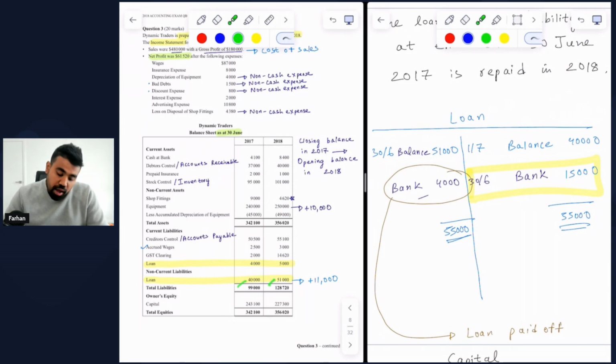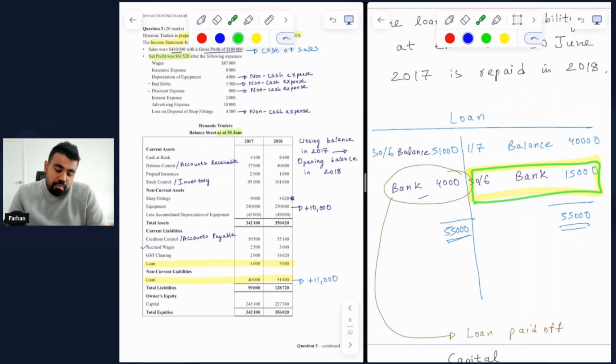Okay. Now, we understand that during the year, we have taken some additional loan. And if we are taking additional loan, we have to credit it more. And on that basis, this highlighted figure is what refers to the loan that we have taken out and will therefore be included on the credit side of the loan account because this increases our liability.